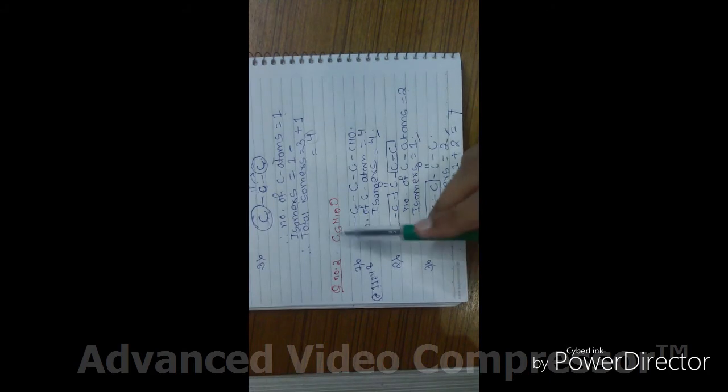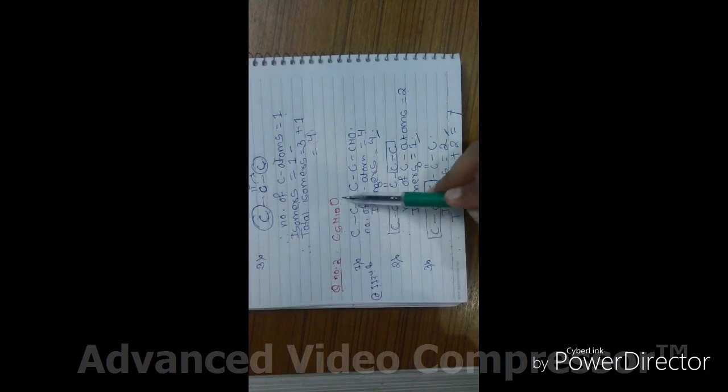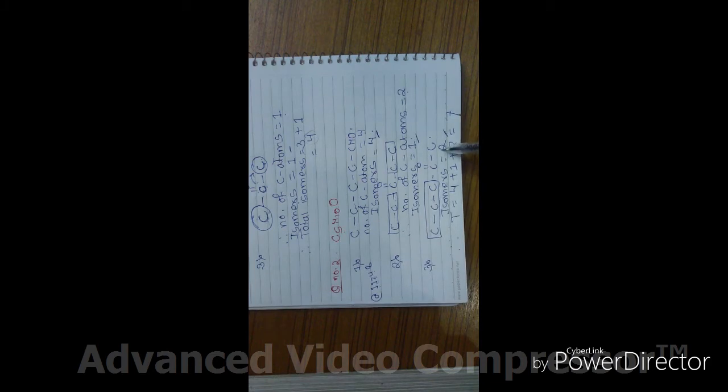So for C5H10O total 7 isomers are present. Aldehyde isomers are 4 and ketone isomers are 2 plus 1, 3.